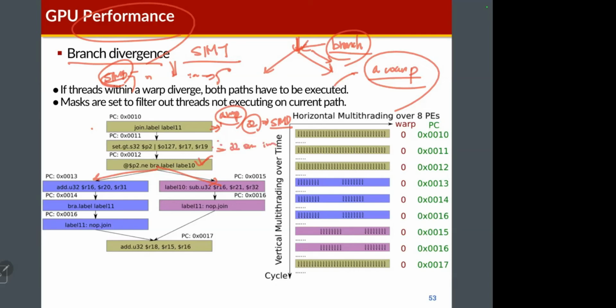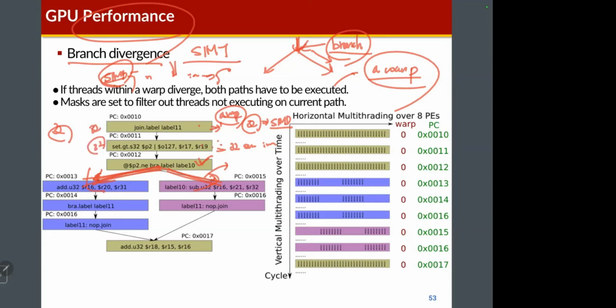After this branch instruction, the execution path is diverse. Among the 32 threads, some threads may execute the instructions in this path, and other threads may execute the instructions in a different path.